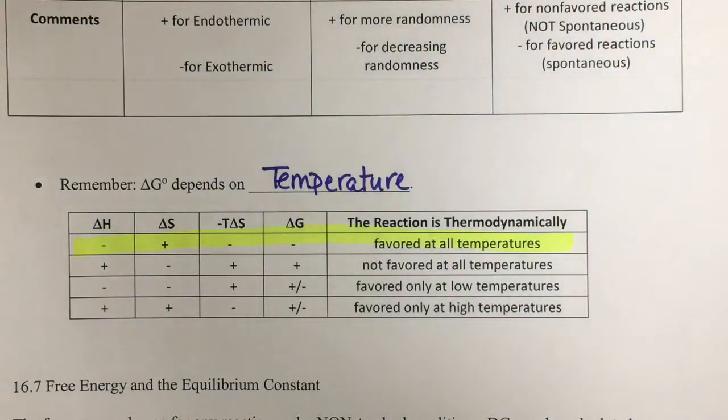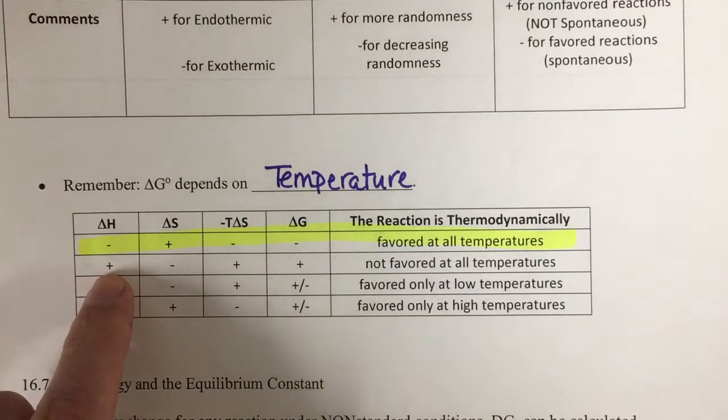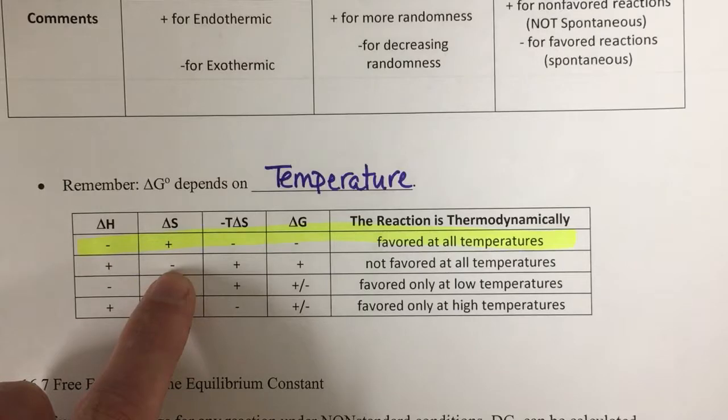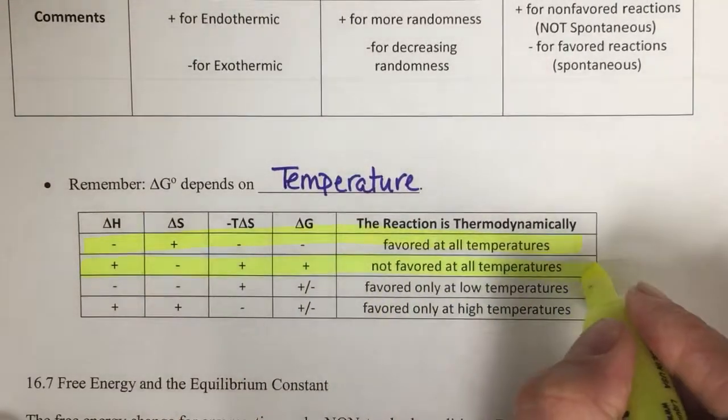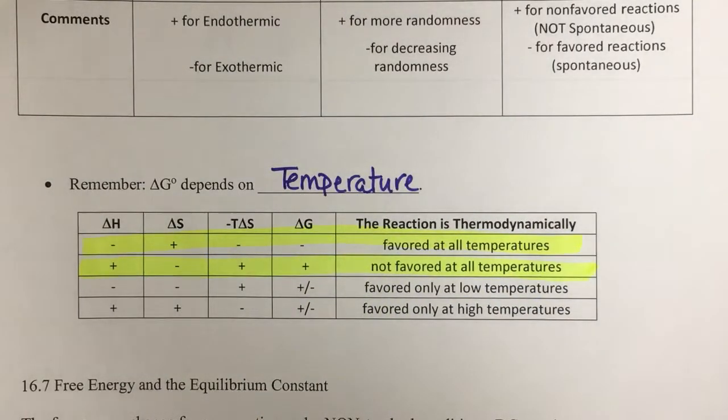I have more randomness, less energy, this reaction always goes. I would also know that if I have to put energy in to make my reaction go, it's endothermic, my randomness is decreasing, then this will never be spontaneous. This reaction will not go at any temperature, period. Okay?